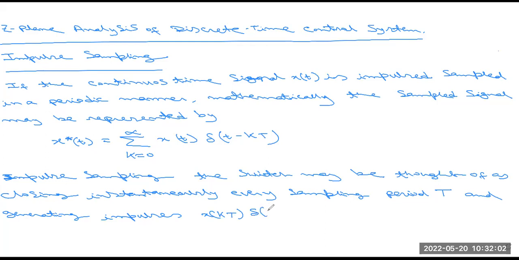So this is x(kT) into delta(t minus kT).